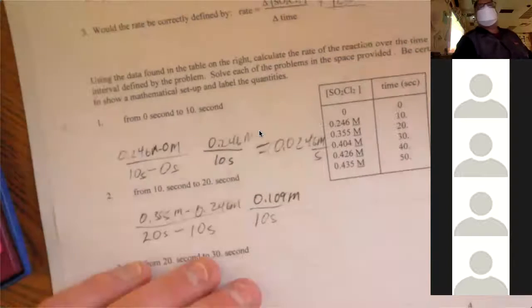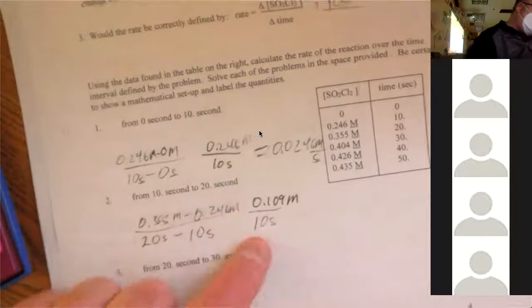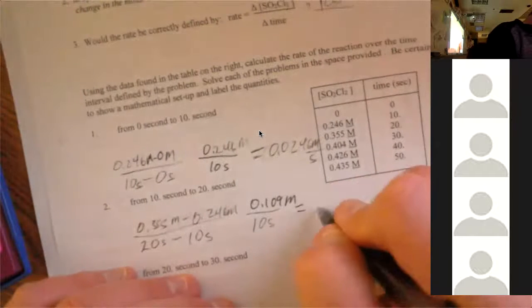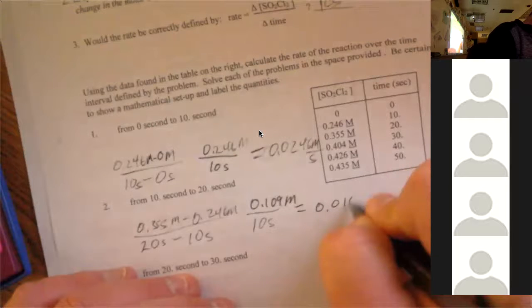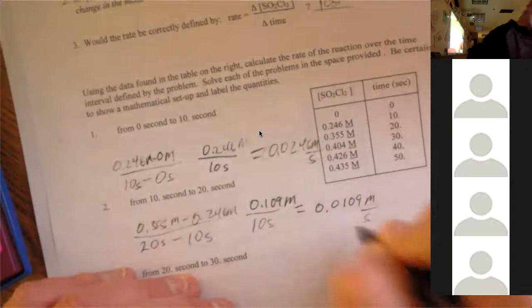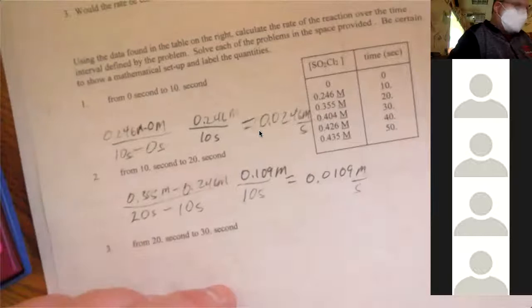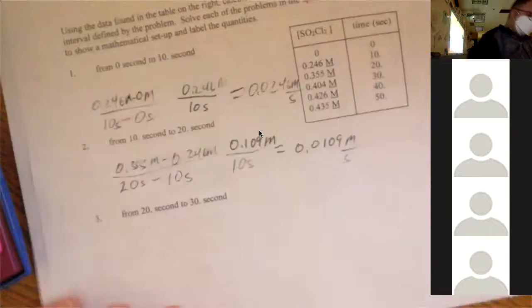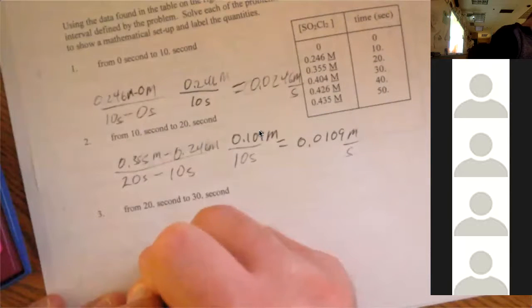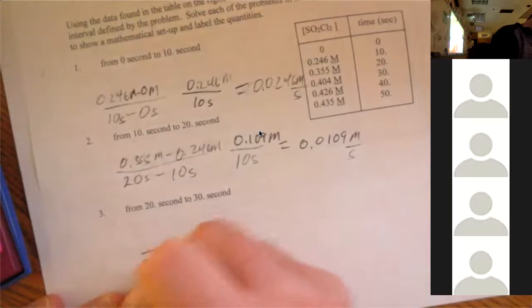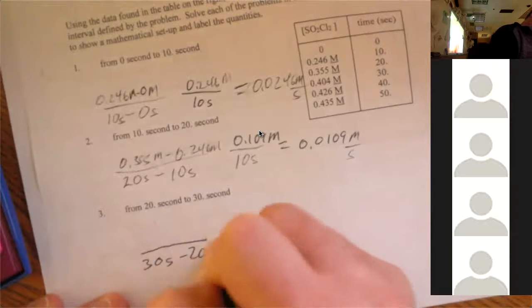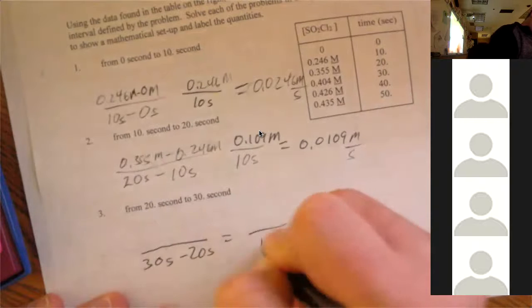So there's our change in molarity divided by our change in time. It gives us 0.0109 molarity per second. Well, what's the time change in number 3? Right? 10 seconds.